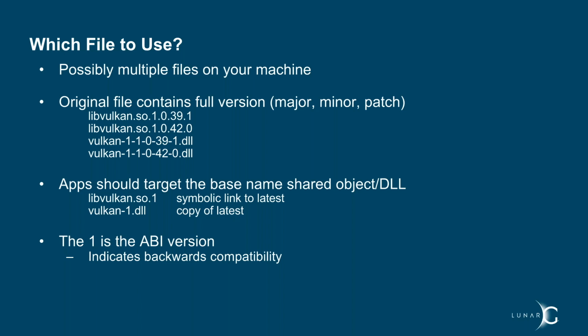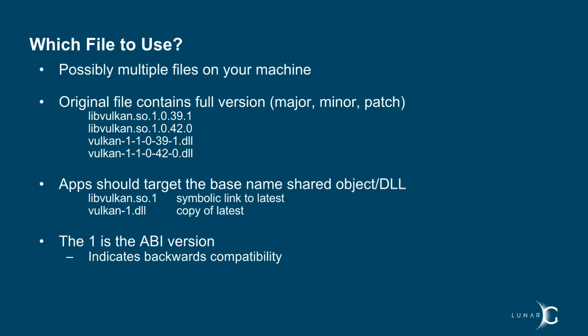Now, how does that affect me when I go to use an application? Because there's multiple runtimes on your system, the way that our installs work is it attempts to find the most recent version of the Vulkan loader.